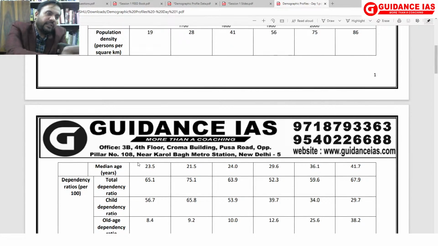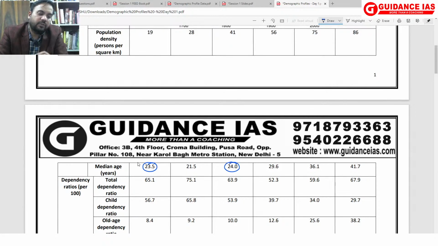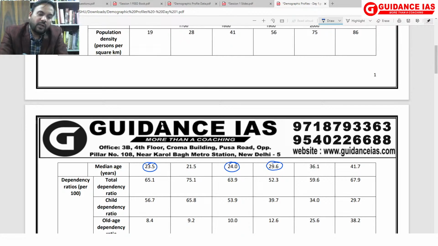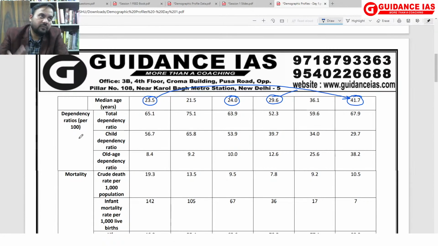So can you see that the median age of the population has not changed much by 2015, but by the end of this century what will happen, it will ultimately become almost double. Okay, so the thing is you won't be able to remember these numbers. How do we remember numbers? Suppose we have remembered 23.5, then I can remember by this time how much growth has taken place, only by almost 5 percentage points growth has occurred. And 6 percentage points growth has occurred in this case by 2015. Okay, and 6 years growth has occurred.